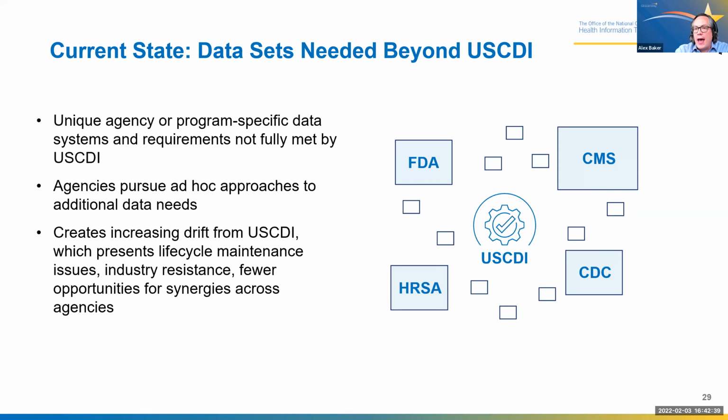That creates potential problems where different data sets are getting farther away from USCDI, presents issues around life cycle maintenance and how we update these things, and potentially makes it more difficult for industry and other stakeholders who can benefit from greater alignment across data sets that may be attached to requirements from all of these different federal agencies and programs. Next slide.